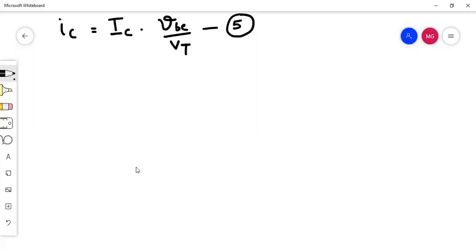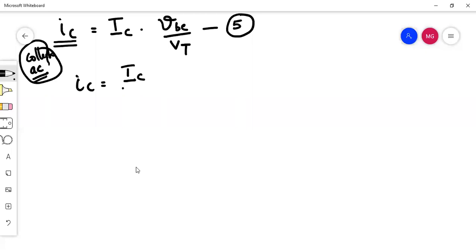Then this is the total collector current that is related to AC. Then, another part of the equation: small iC, and I am rearranging this capital IC by VT into small VBE.